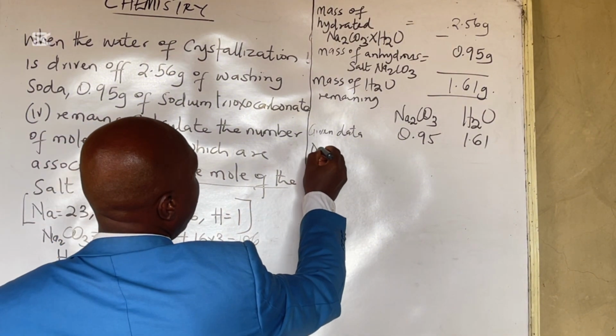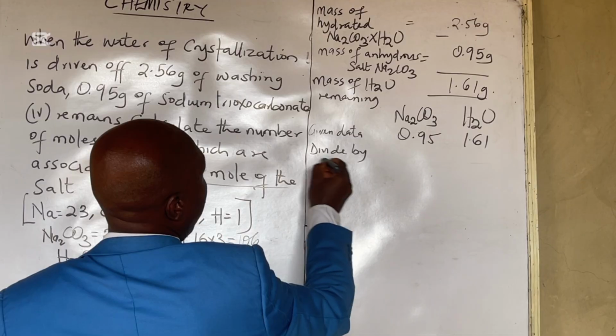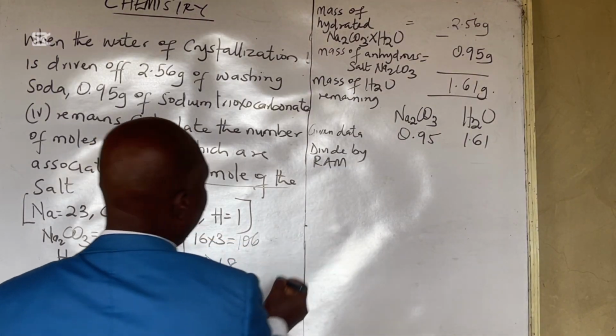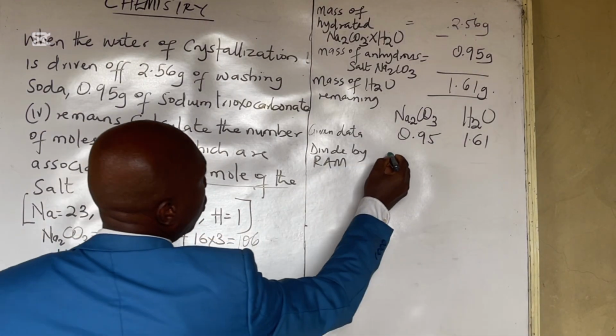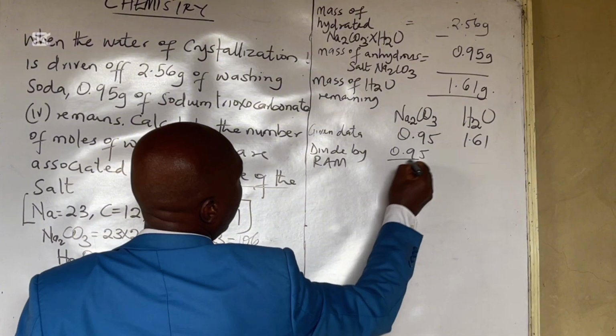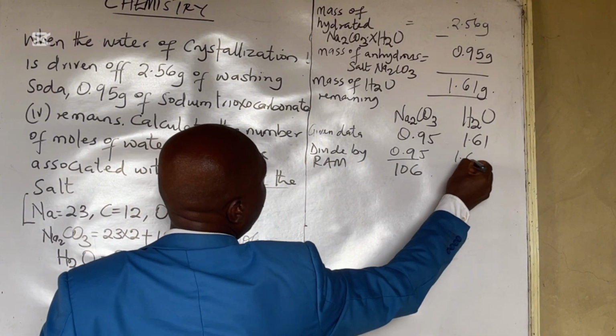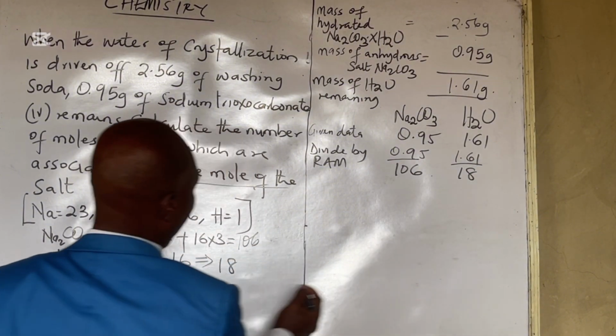We divide by the RAM. The RAM for sodium carbonate is 106. That's 0.95 over 106. 1.61 over 18. That of water is 18.